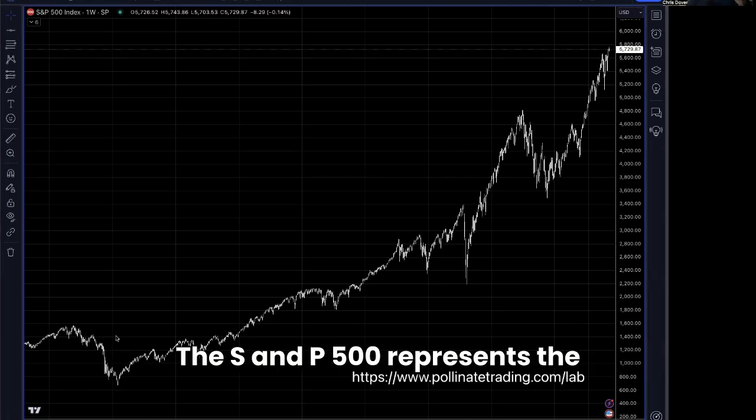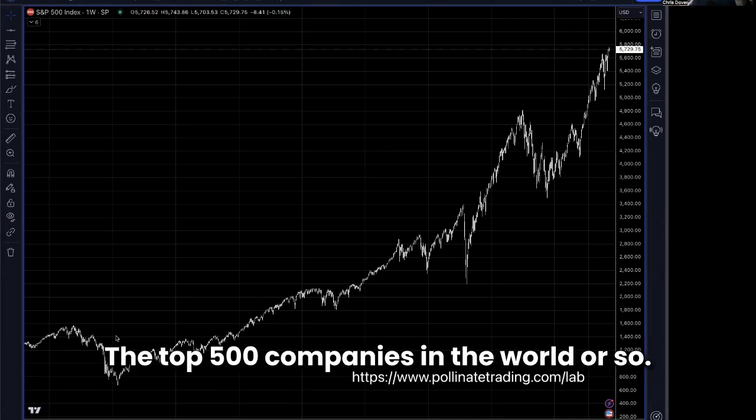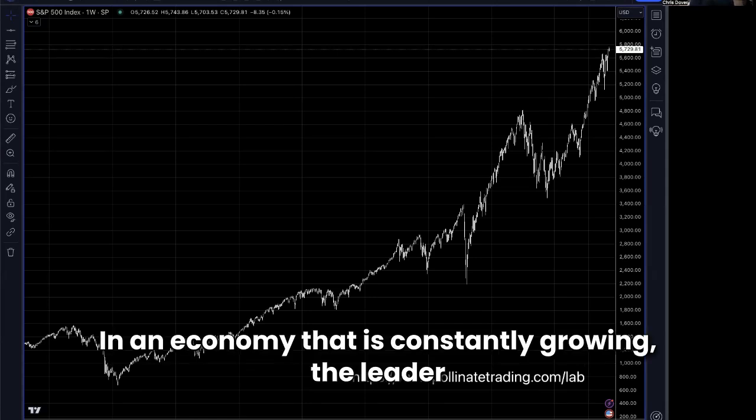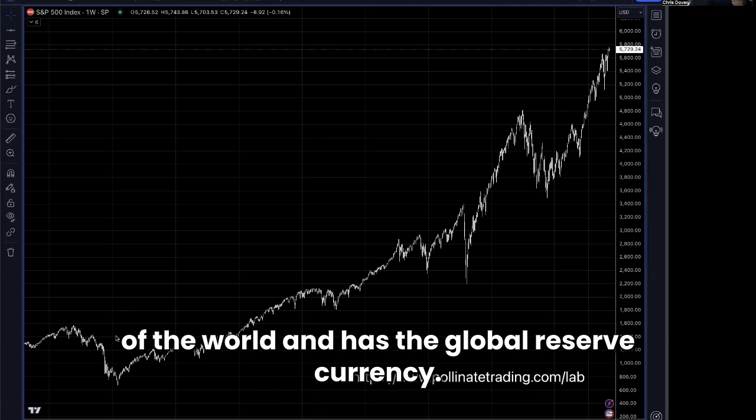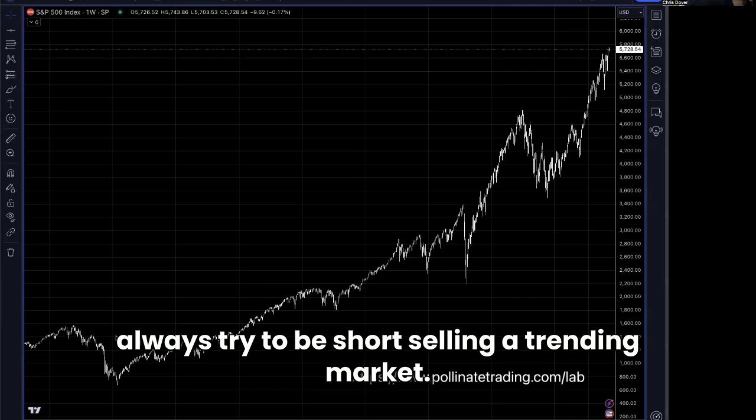The S&P 500 represents the top 500 companies on US listed exchanges, the top 500 companies in the world or so, in an economy that is constantly growing, the leader of the world, and has the global reserve currency. And so that's why it's kind of ridiculous to always try to be short selling a trending market.